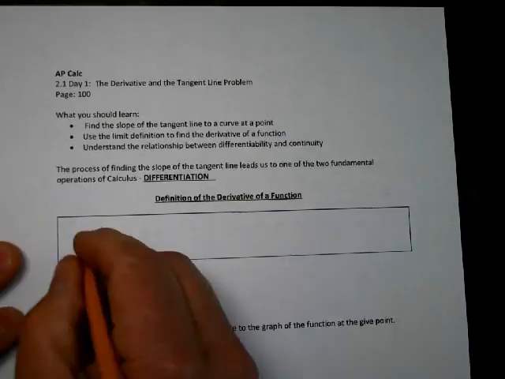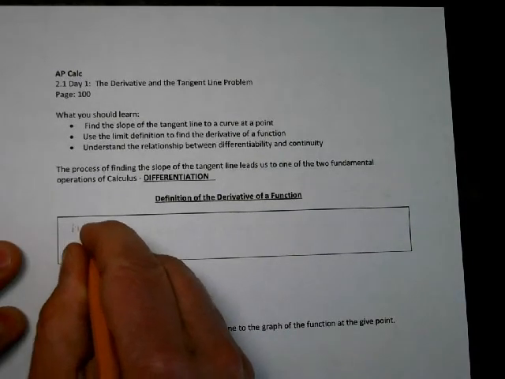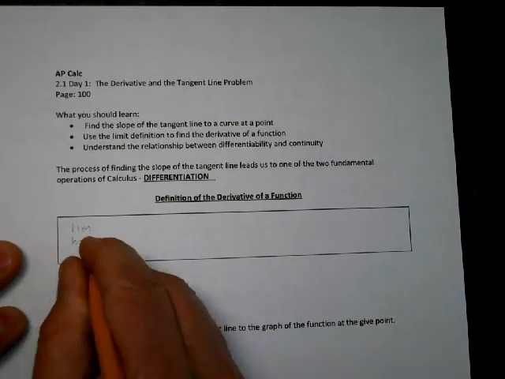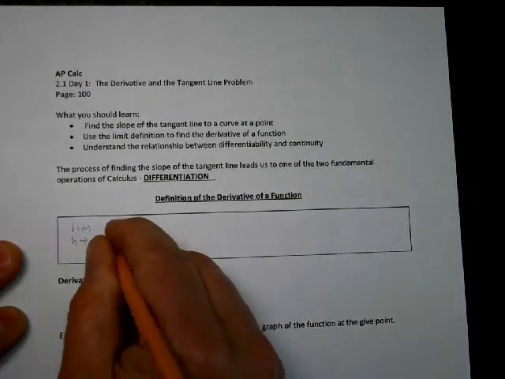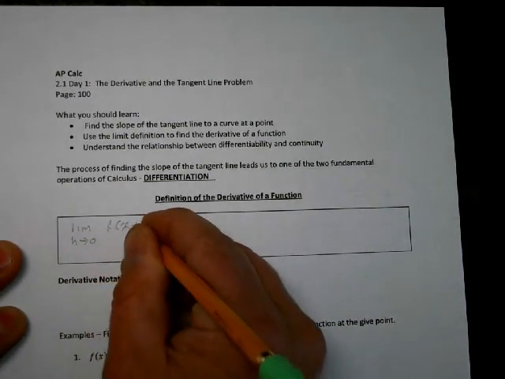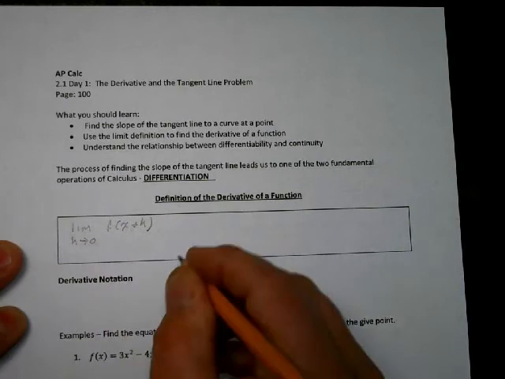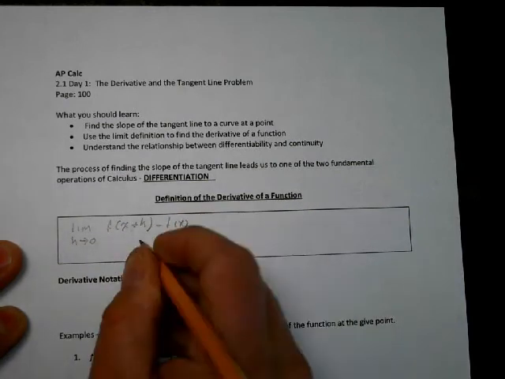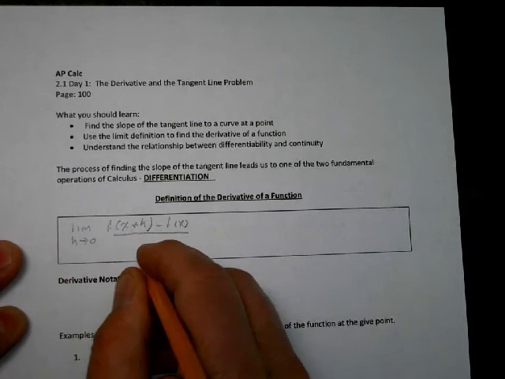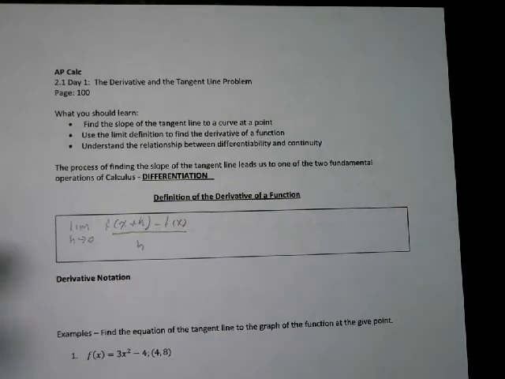This is when you take the limit as h approaches 0 of f of x plus h minus f of x, all divided by h. Now you remember that from last year, hopefully. It's called first principles.